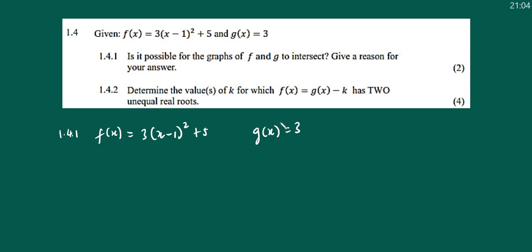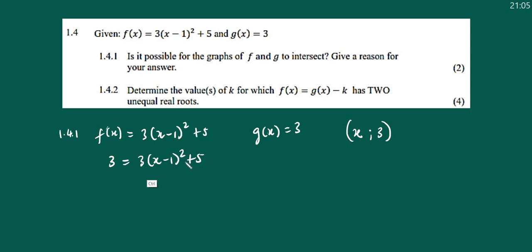This means the y value on g is 3. So if I put 3 on the function f, I must get an x value, because if they intersect, they share the same x and y value.